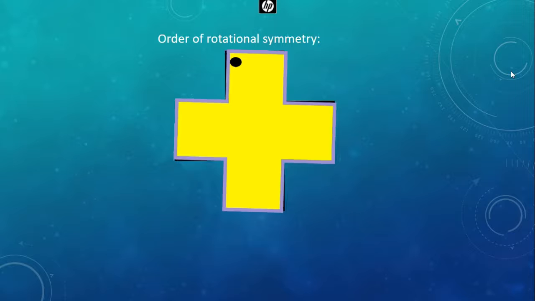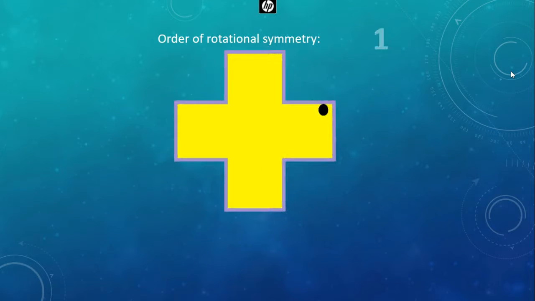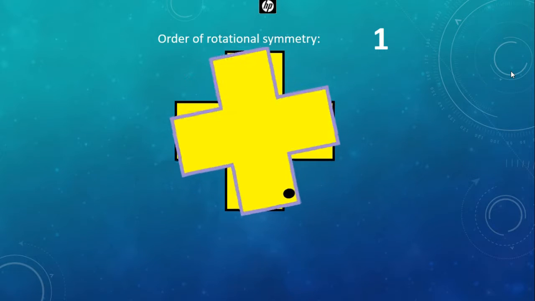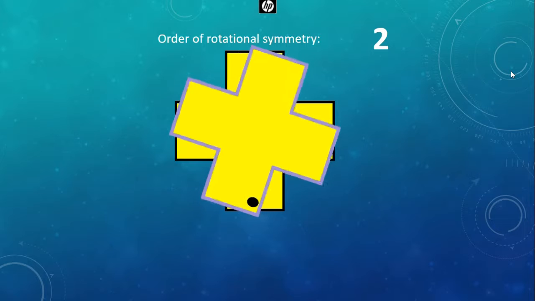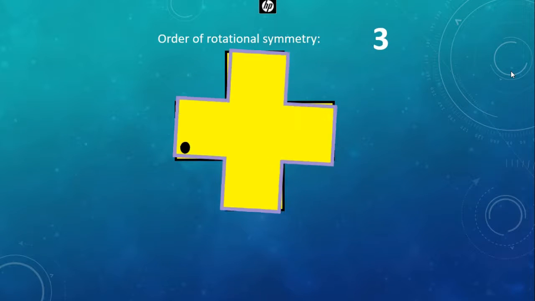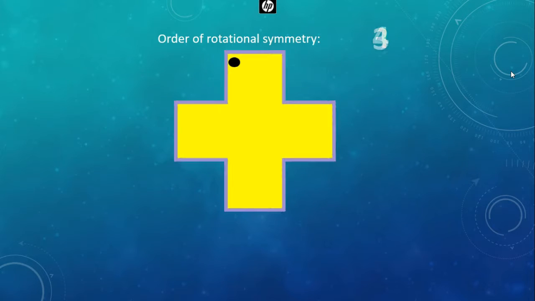So I have the same shape once, twice, 3 times, and 4 times. So that cross shape has an order of rotational symmetry of 4.